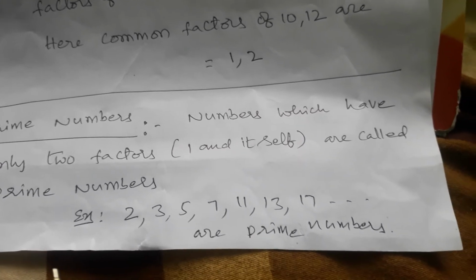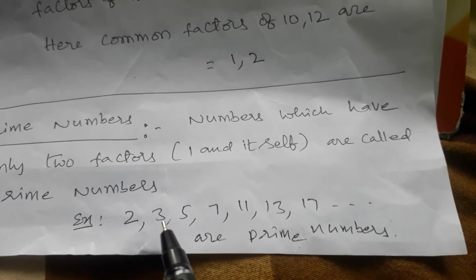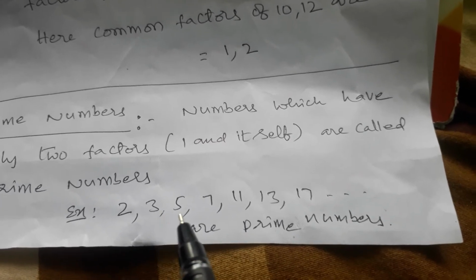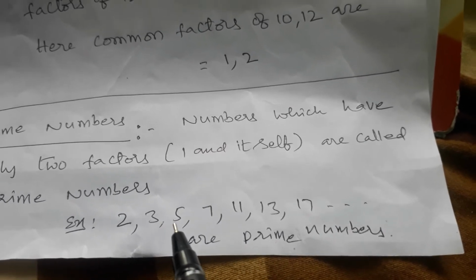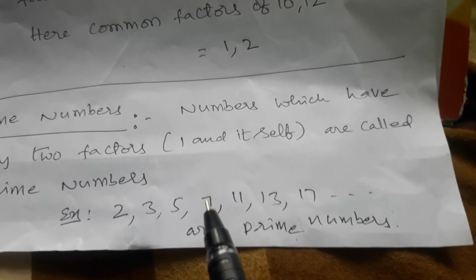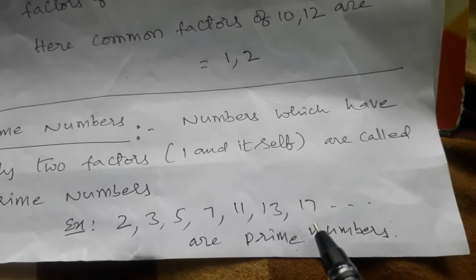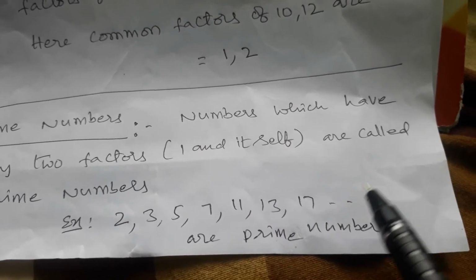Prime numbers: 2, it has only two factors. 3, it has only two factors, one and itself. 5 also, and 7 also, each has only two factors, one and itself. 11, 13, 17 and 19, in such a way.